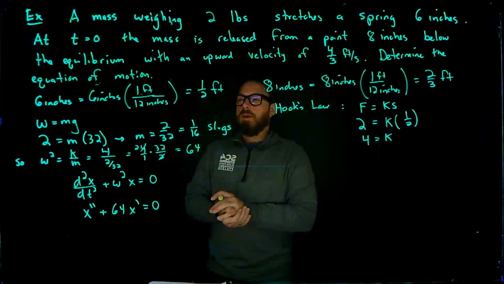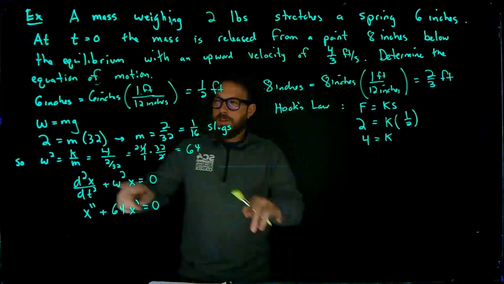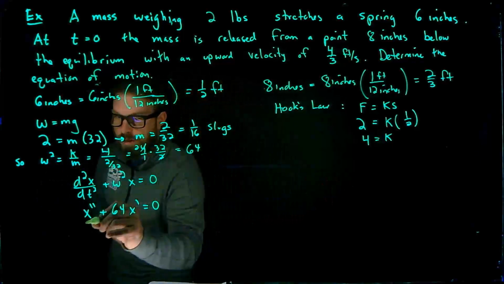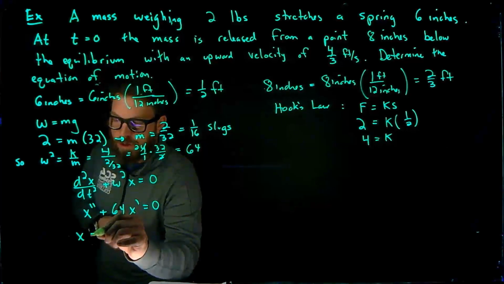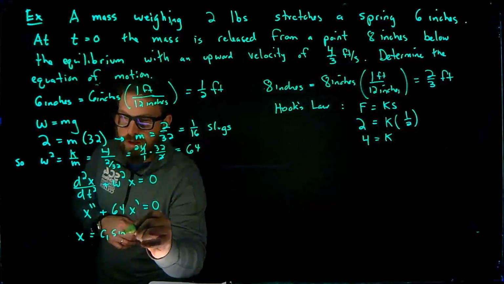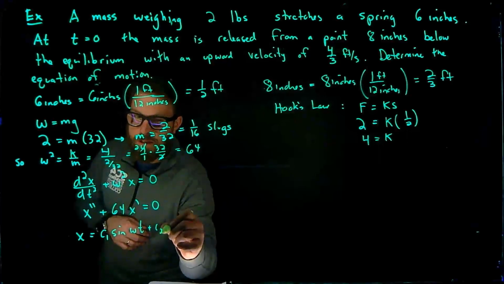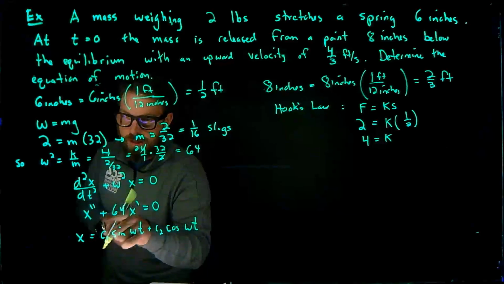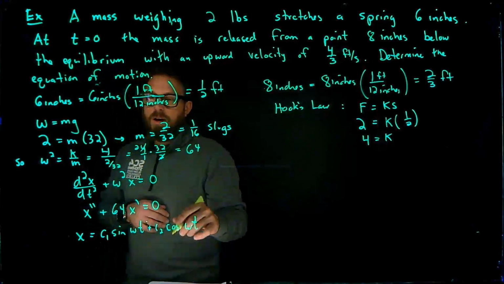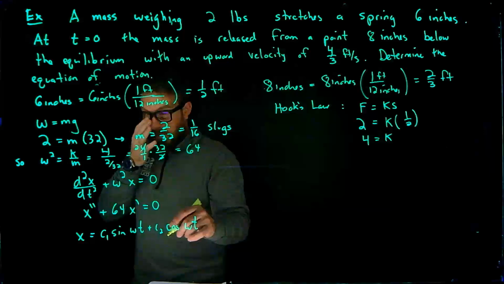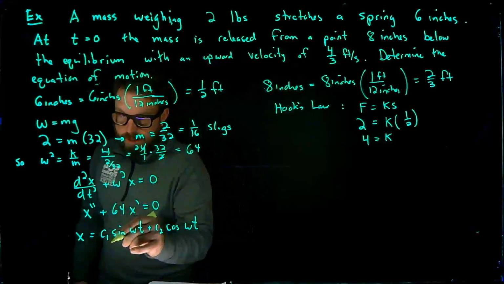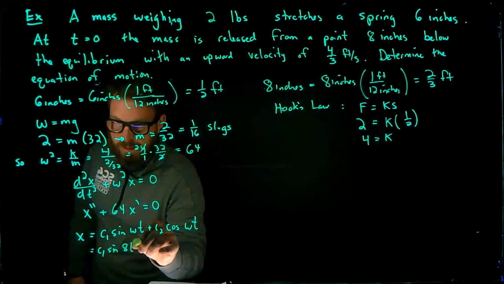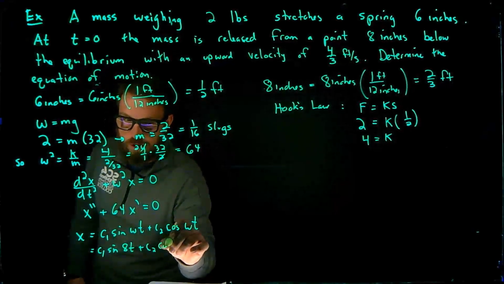So that omega, which is equal to 8, really is going to be what goes in front of our solution. So, it has only imaginary parts, so this is going to be C1 sine of omega t plus C2 cosine of omega t, where omega is the solution of this, which is 8. So this is going to be equal to C1 sine 8t plus C2 cosine of 8t.